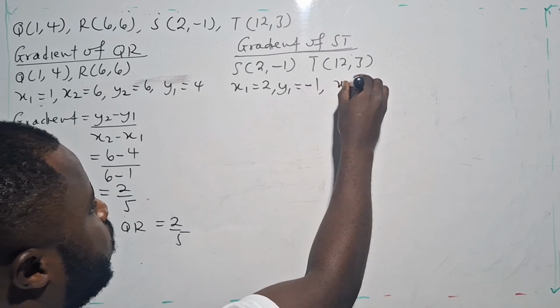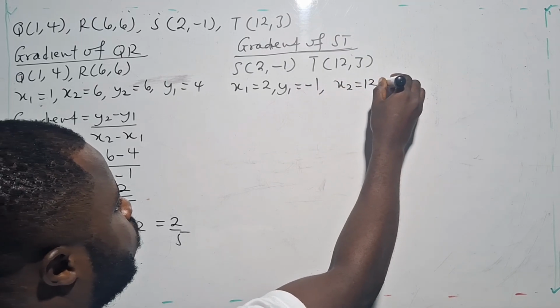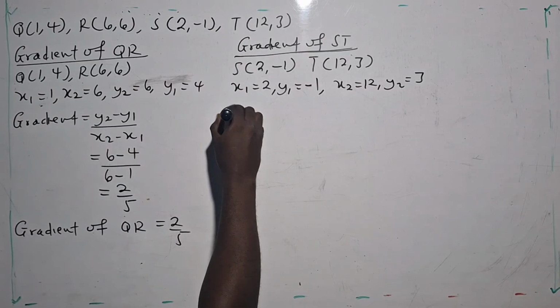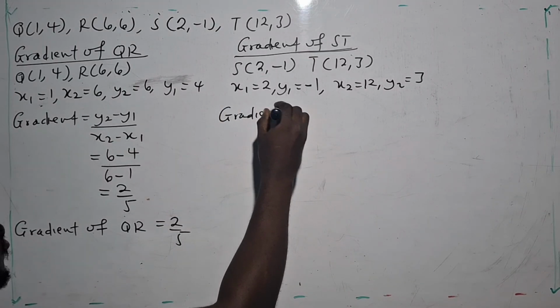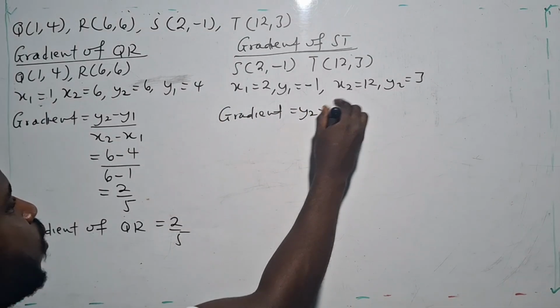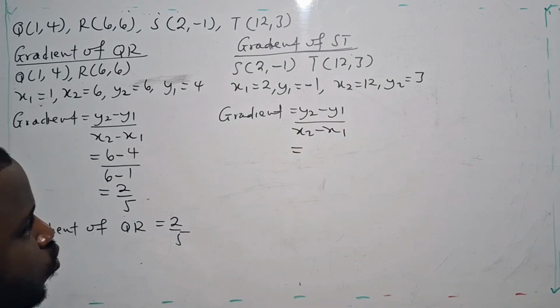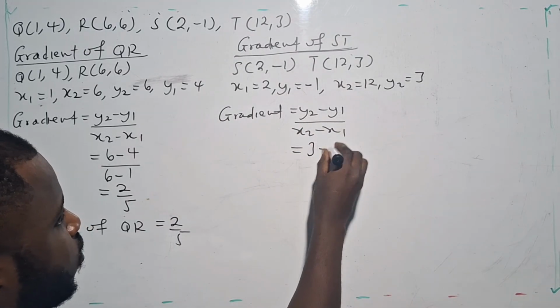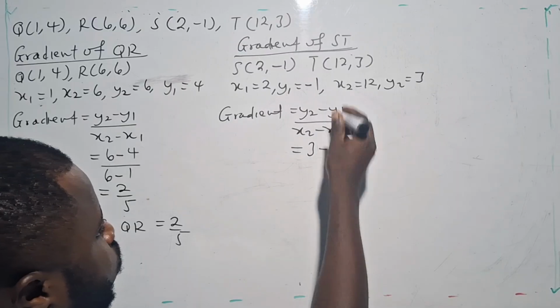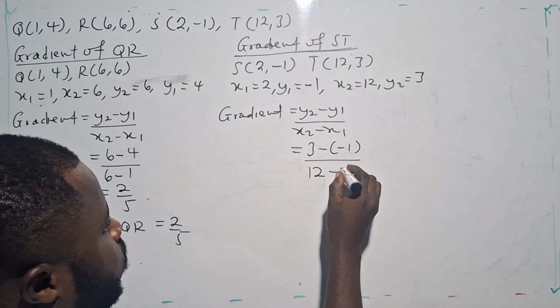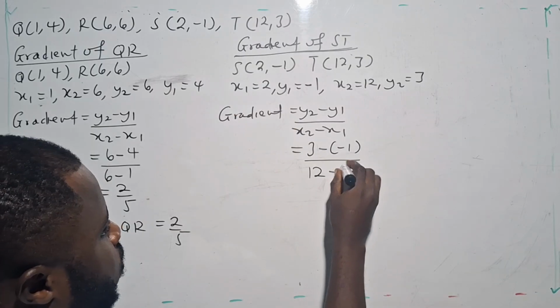Then x2 is 12, then y2 is 3. So our gradient, y2 minus y1 over x2 minus x1. y2 is 3 minus y1, negative 1. x2 is 12 minus x1.